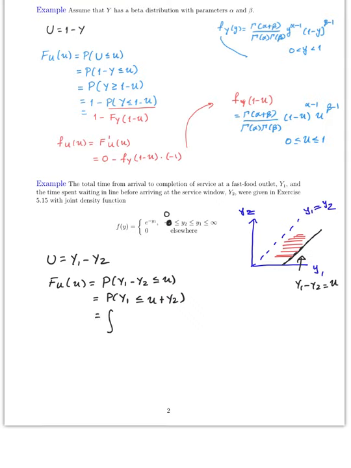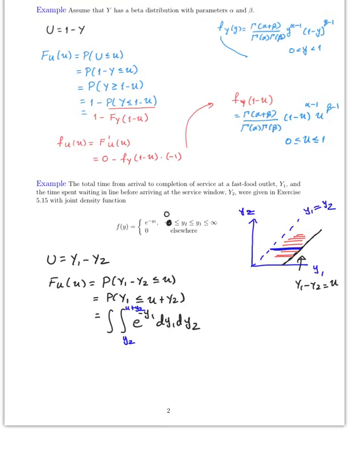Hence the integral will be a double integral. Sorry, this will be e to the minus y1 dy1 dy2, where y1 will go from y2 to u plus y2.